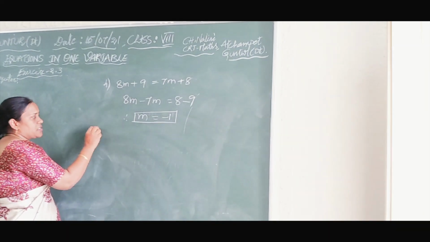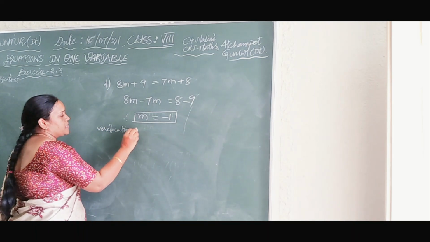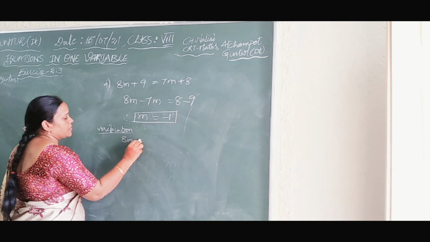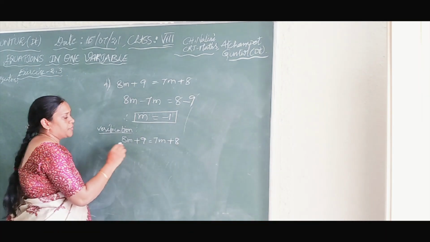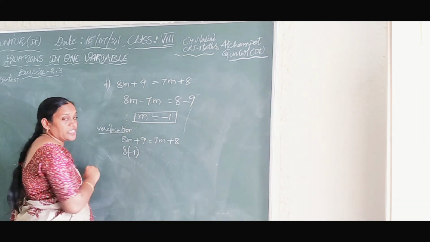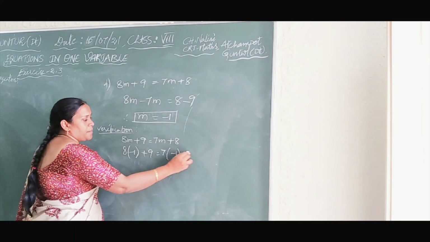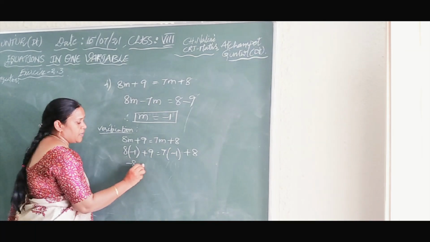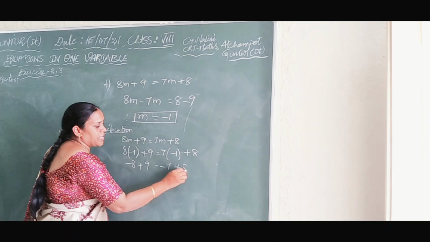Now you have to verify this minus 1 value in the equation, then LHS and RHS must be equal. The equation is 8m plus 9 equal to 7m plus 8. Now keep minus 1 in the m place. 8 of minus 1 plus 9 is equal to 7 of minus 1 plus 8. 8 into minus 1 is minus 8, plus 9, is equal to 7 into minus 1 is minus 7, plus 8.